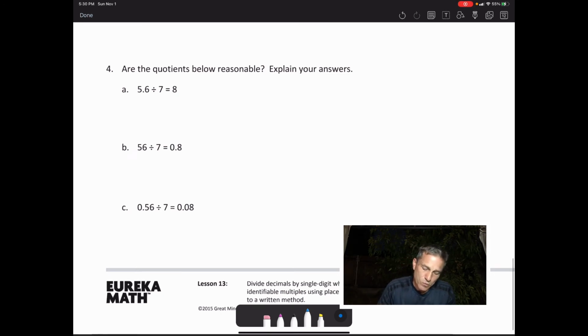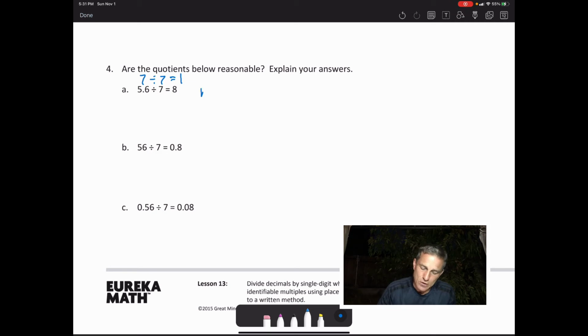So I would round this to 7 and then divide it by 7, and that would equal 1. And as you can see, the quotient there is 8, that's 8 times our estimate, which is not close enough.